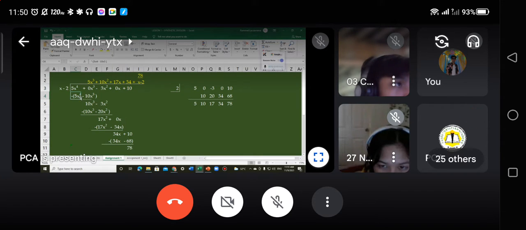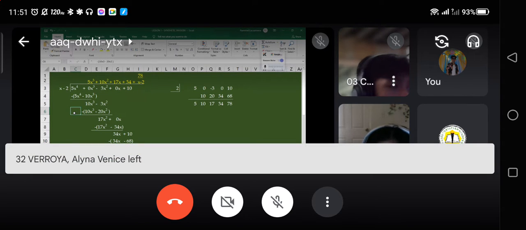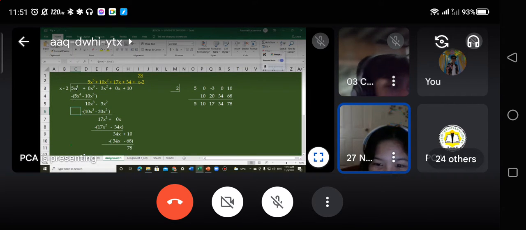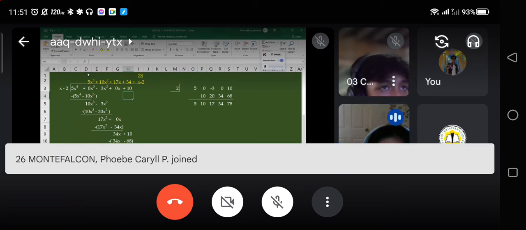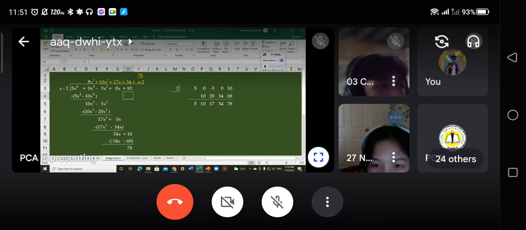Okay, and then next. Sige, Aliyah, sunod. Sir, itutuloy ko po. Sunod po na gagawin, ita-times naman po yung -2 dun sa divisor, dun sa 5x cube. Tapos kapag na-times na po natin, ang magiging sagot po is -10x cube.